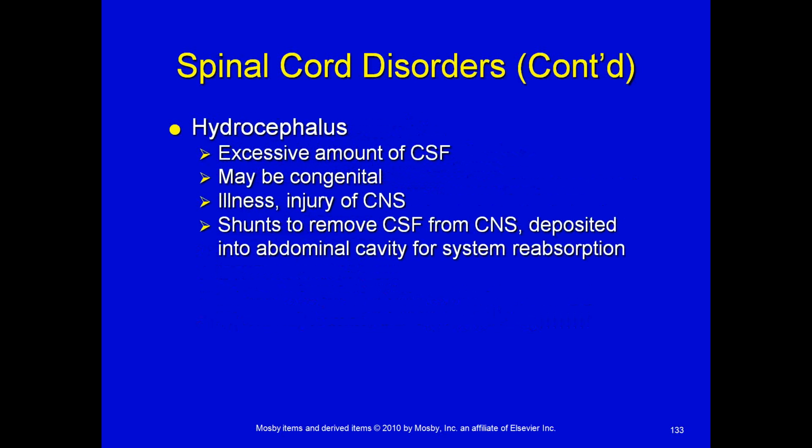Hydrocephalus, hydro of course referring to liquid, cephalus referring to head. This is where they make an excessive amount of cerebrospinal fluid, and this may be a congenital disorder, or it also can be caused by an illness or an injury of the central nervous system.